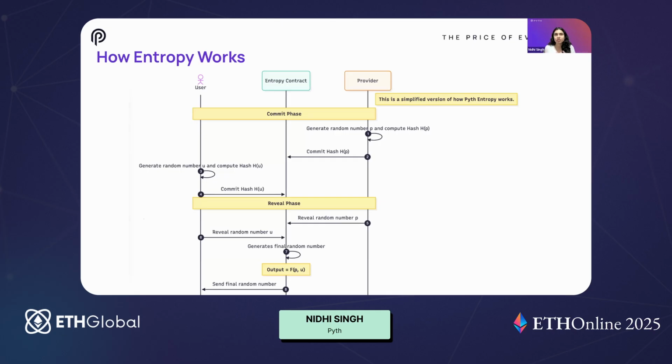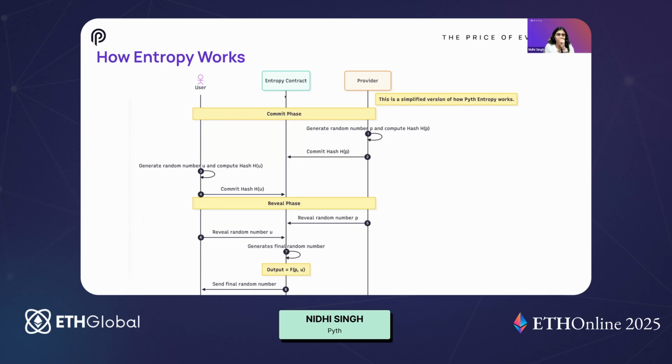So entropy uses a cryptographic technique called the commit and reveal protocol. What happens here is there are two phases. The first phase is the commitment phase. There are basically two parties involved. One is the user, which is you, who wants randomness, and the other is the provider. The user and the provider both generate their random numbers independently, as in they don't share their random number with each other, they do it secretly.